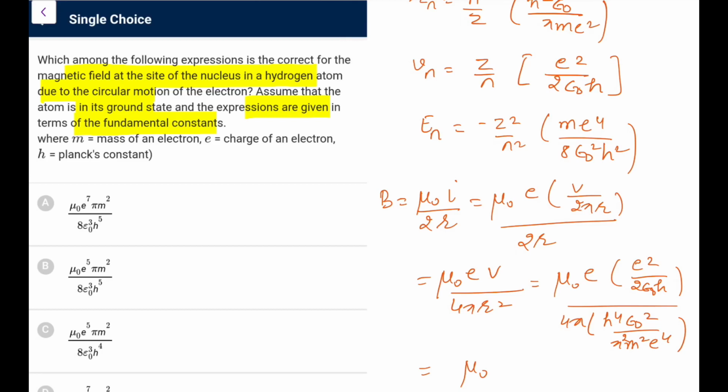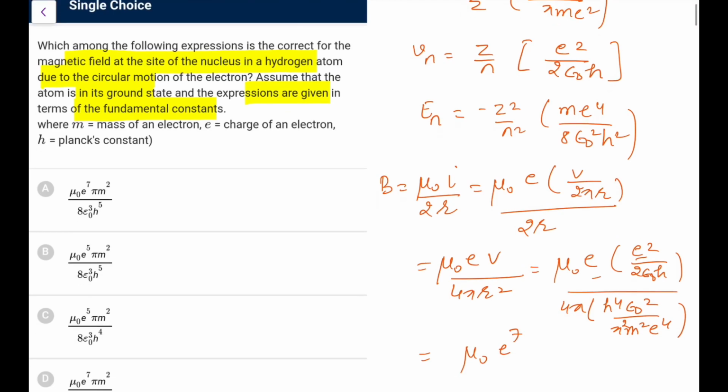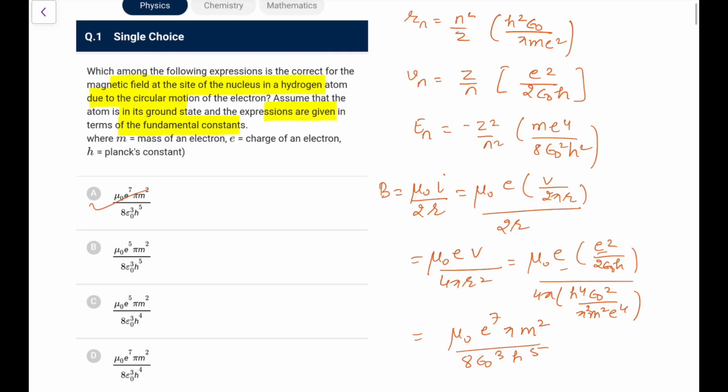Mu naught, 2, 3, 3 and 4, 7, mu naught e to the power 7, then we have pi, and then we will have this m square thing, upon what would be left here. 2 4s, we will be left with 8, and we will have epsilon naught cube, and h to the power 5 here. Going by this, option A is the most appropriate one which we are going to get here. So just remember them in fundamental constants, that will help you.